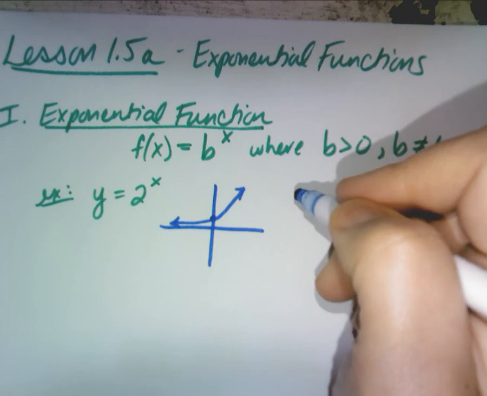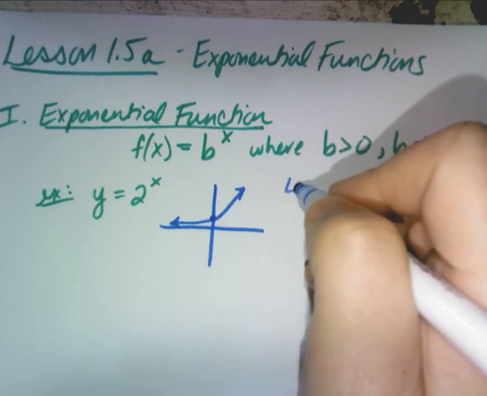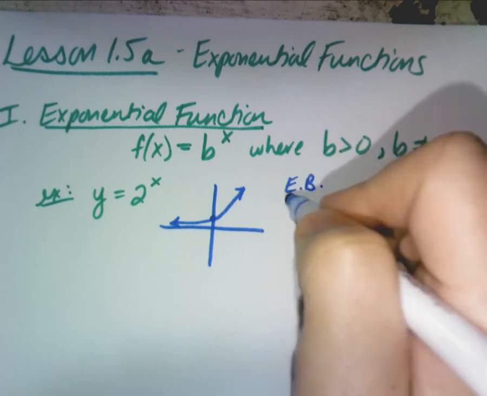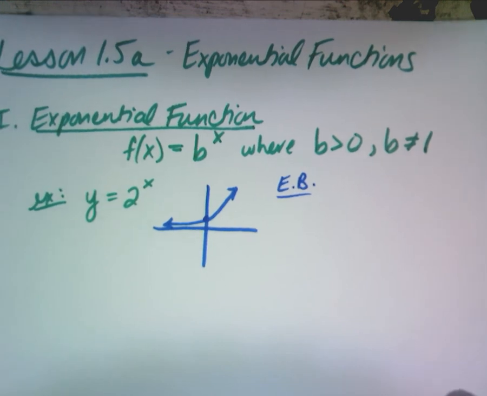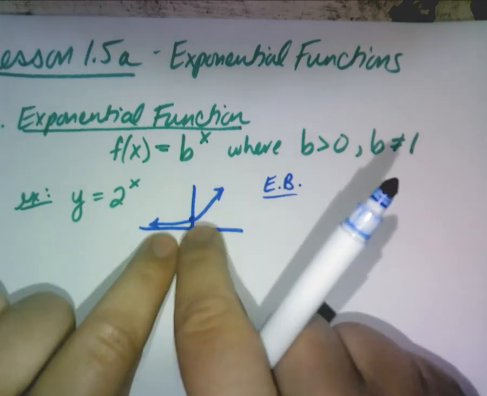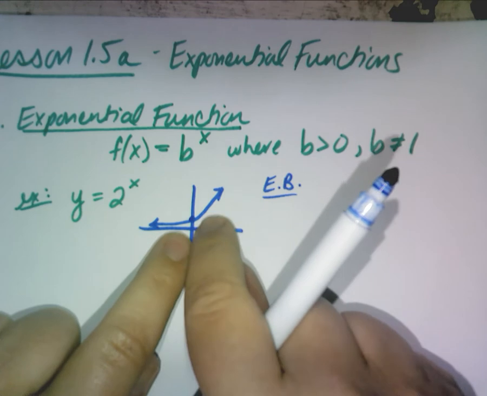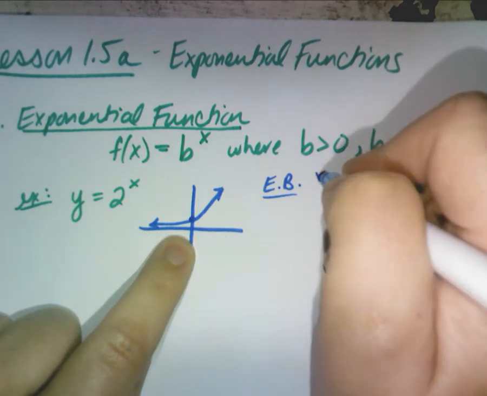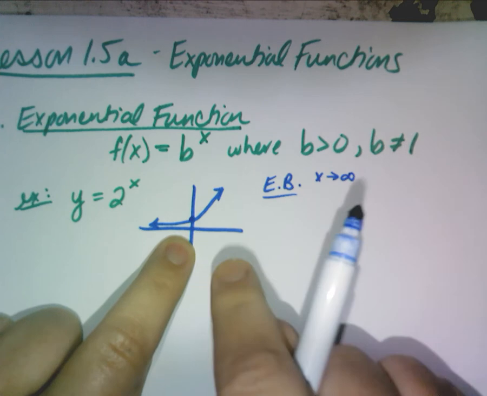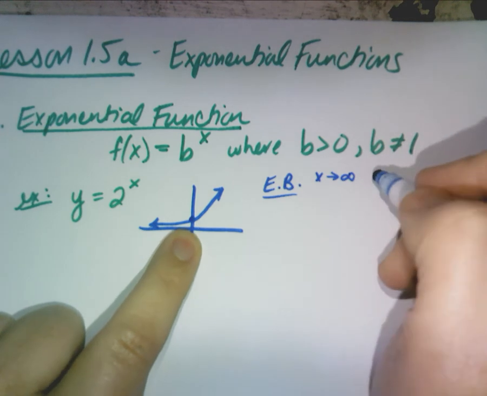But let's talk about things that you'll have to find, like the end behavior. The end behavior is different on these. You can't just draw arrows, unfortunately. Sorry, I know you're like, that was so much fun, but now you have to actually do a little bit of work. So the end behavior is as follows. As x gets larger, as x goes to infinity, I'll let you say y values.